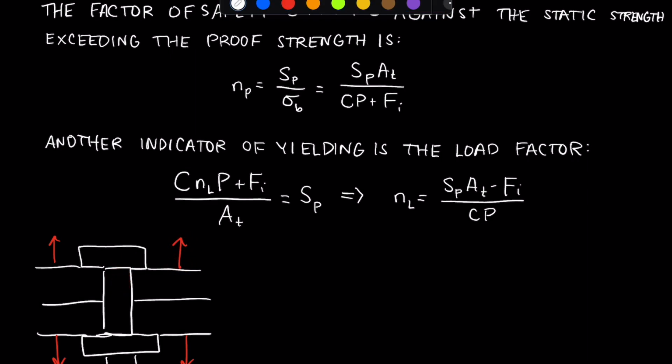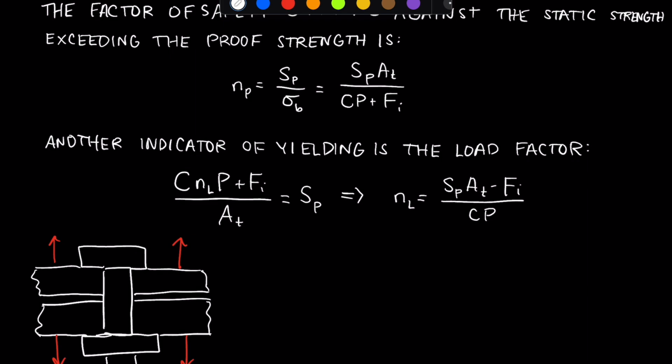But if we ever reach the point where the 2 plates actually separate, then 100% of the external load is going to be taken by the bolt. It's the only thing that's holding the 2 parts together. So we often will think of this condition as a failure condition.